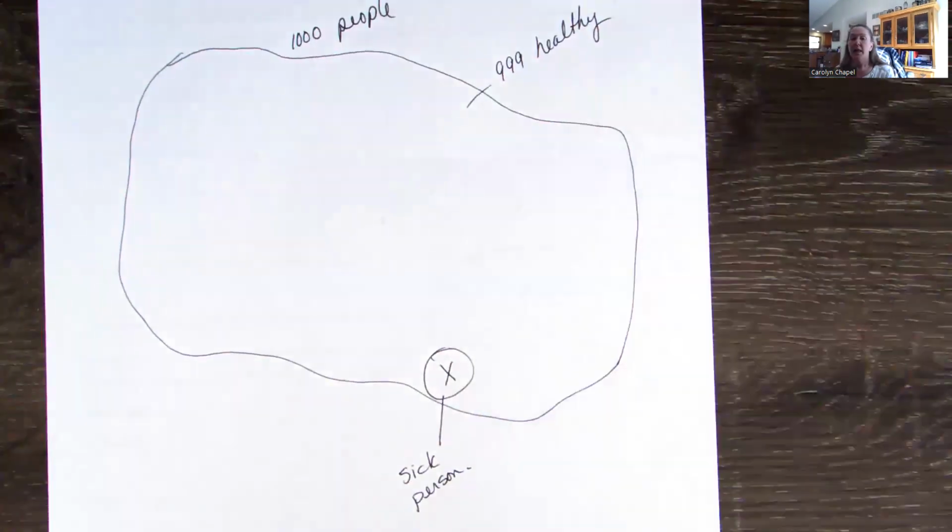Okay. Our test, let's just say we gave the test to everybody. Our test is accurate 99% of the time, which means that 1% of the time it is inaccurate.